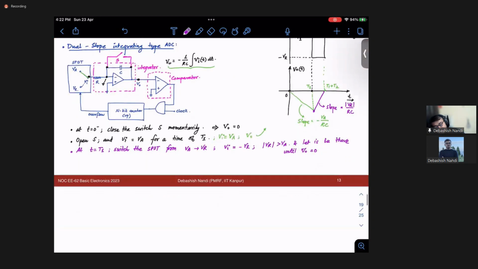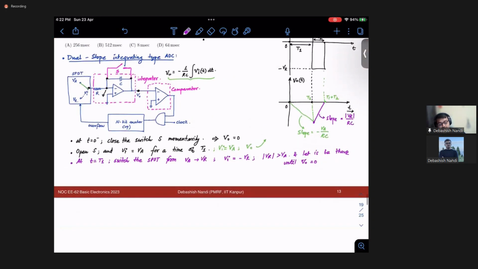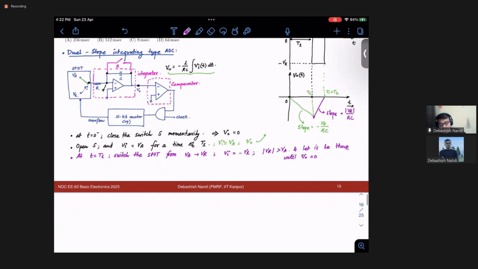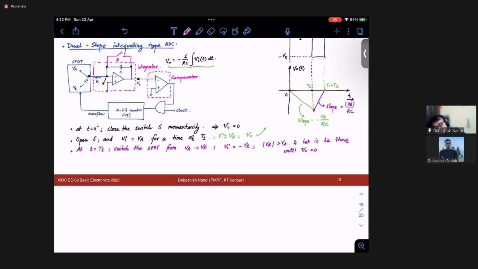So now how does the counter come into the picture? Okay. So you see, for a certain time period T1 plus T2, you have a non-zero V out. Okay. That means your V out is less than 0. So I need to compare this to get a time period.